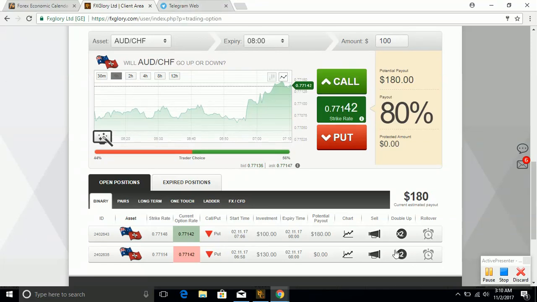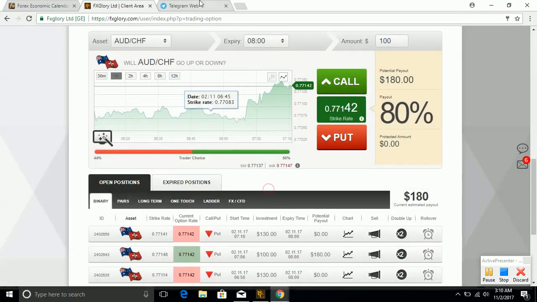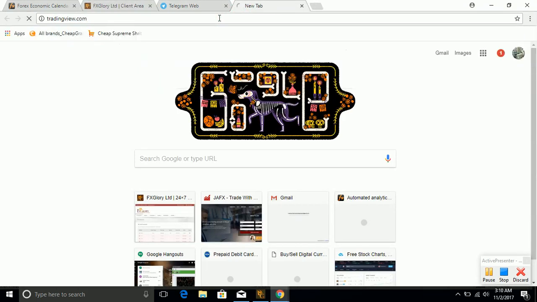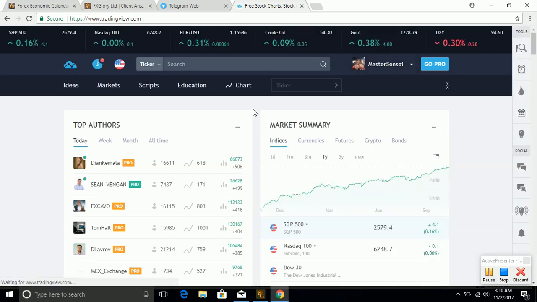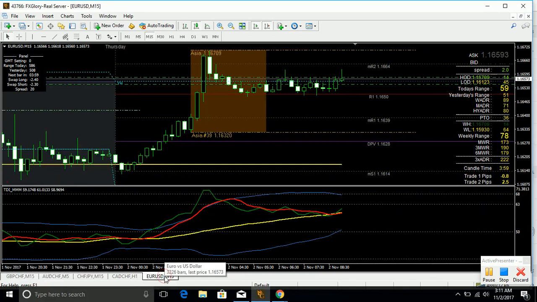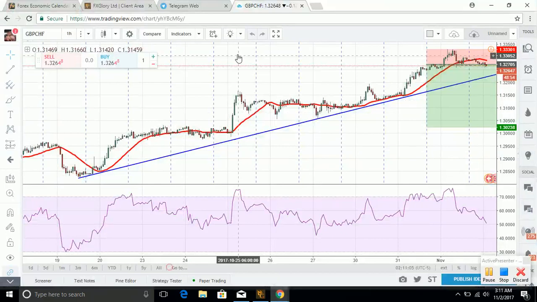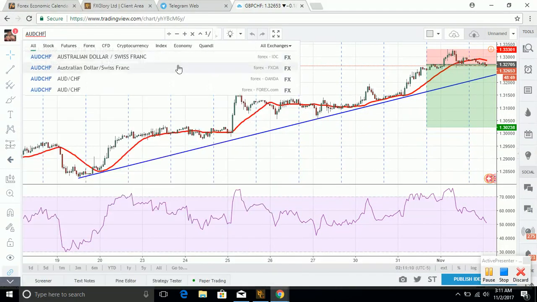I'm actually going to double up again here. Alright, I'm going to go to my TradingView account. And we will post an idea. I'm sorry, we're not going to post an idea on the pound CHF. We're going to actually do the Aussie CHF here.